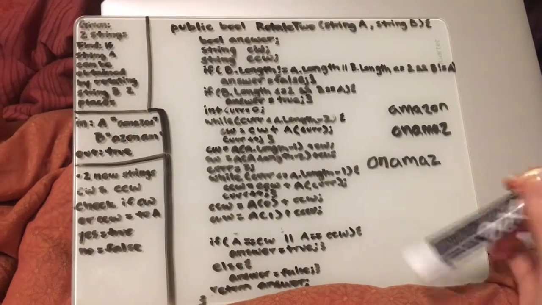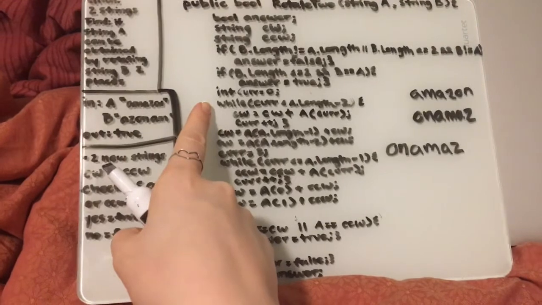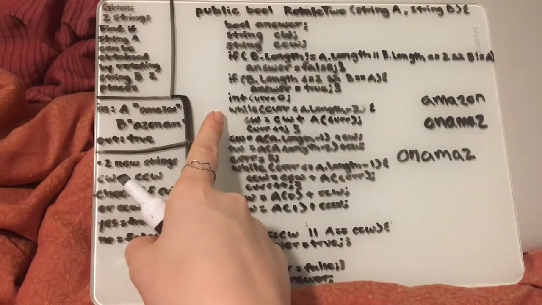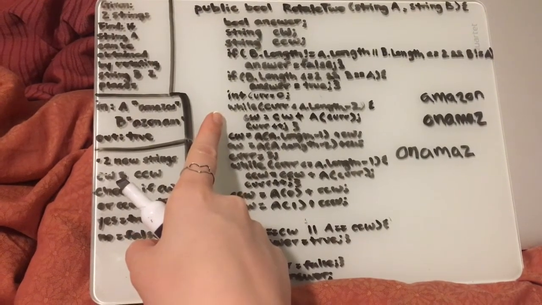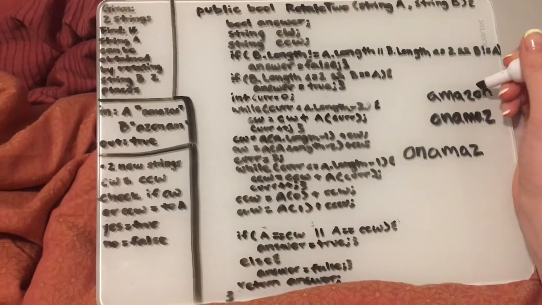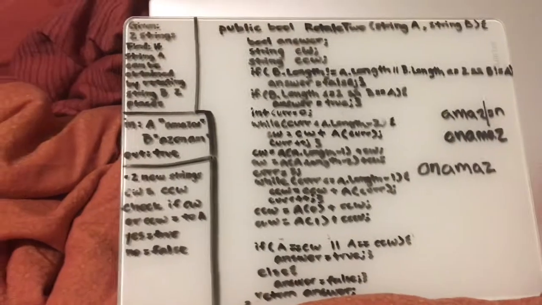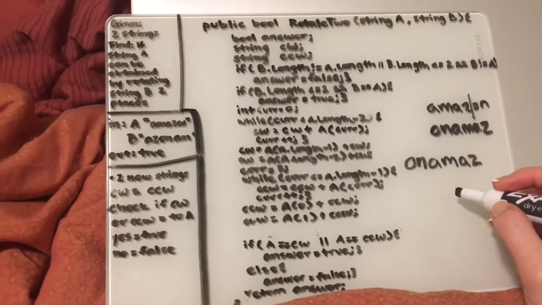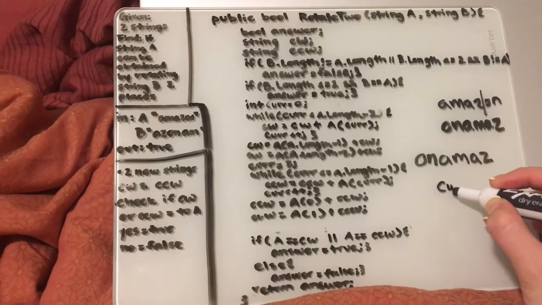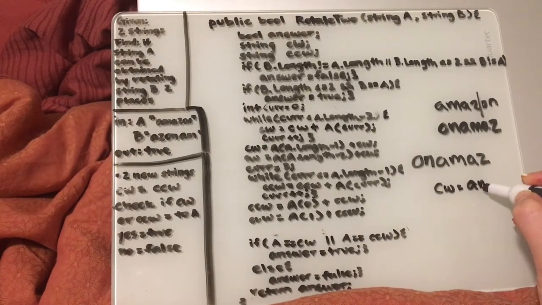So I took out two of our loops. Now it's saying while the current is less than the array length minus 2, so it'll stop when it gets to this point. CW clockwise will equal AMAZ.